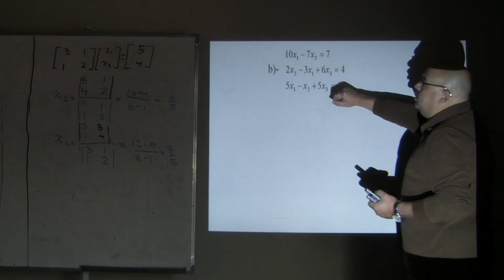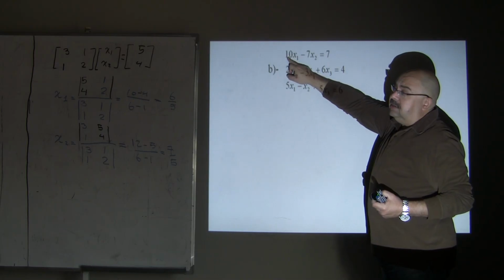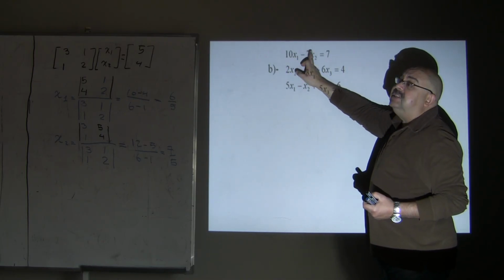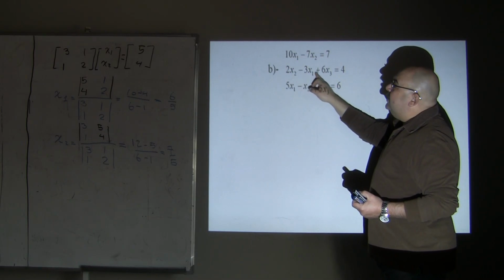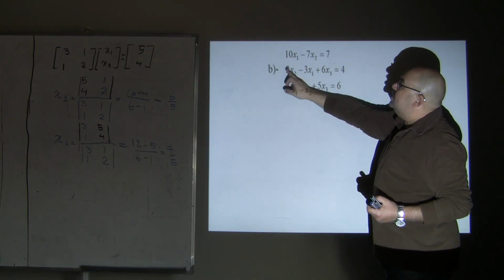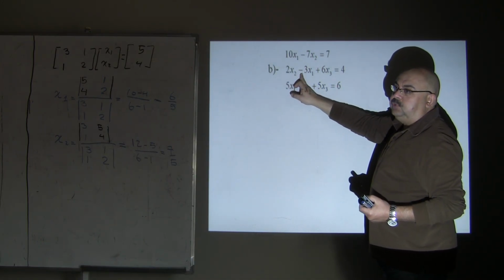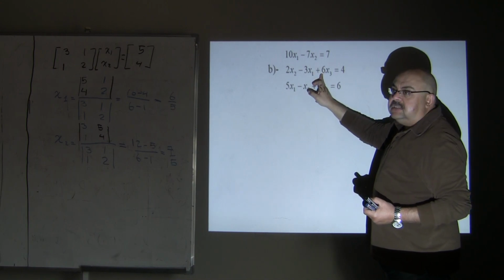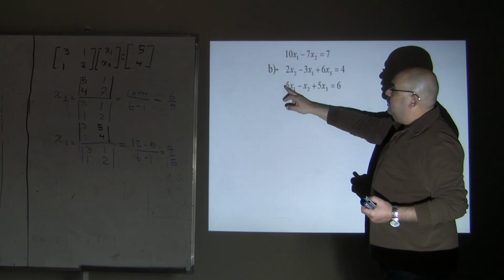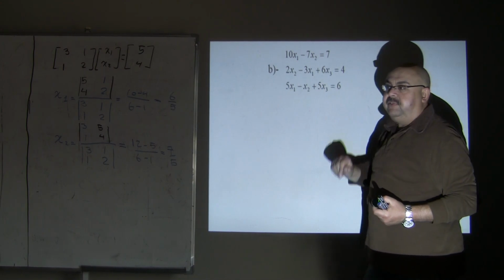So the first equation, the coefficients are 10, negative 7, and 0. For the second row, it will start with negative 3, then positive 2, then 6. And for the last row, it's going to be 5, minus 1, and 5.